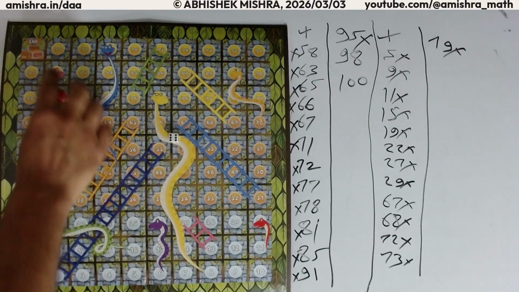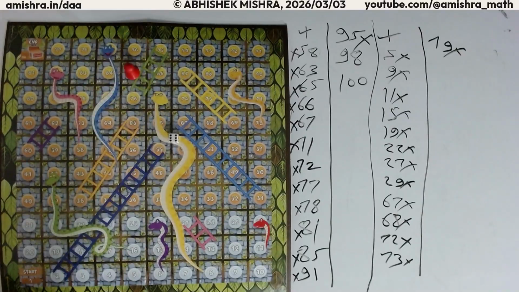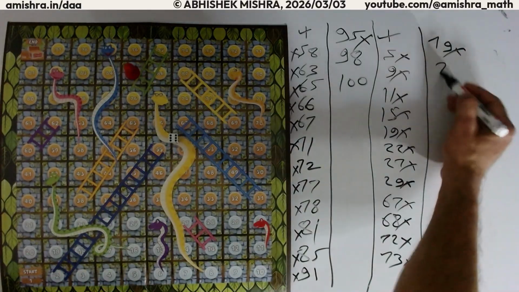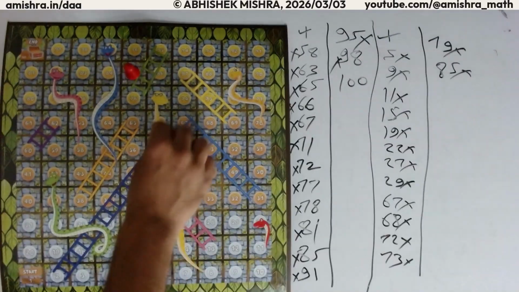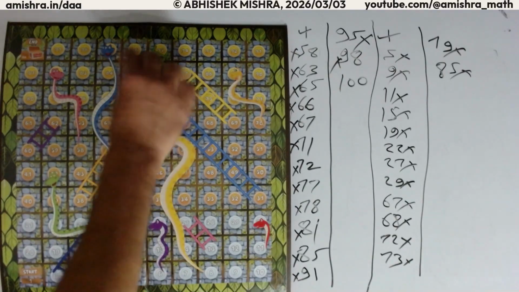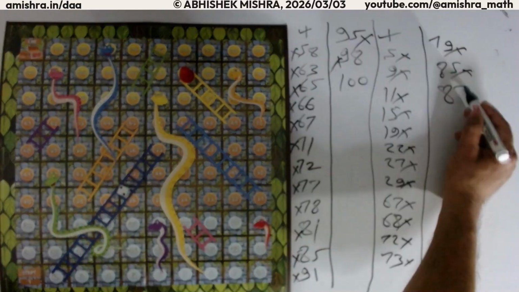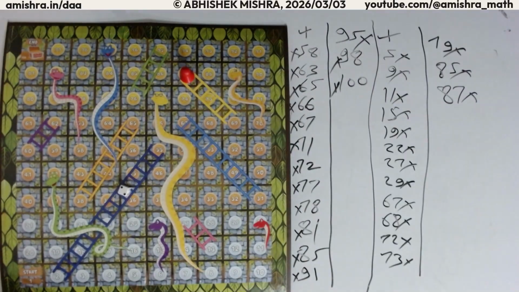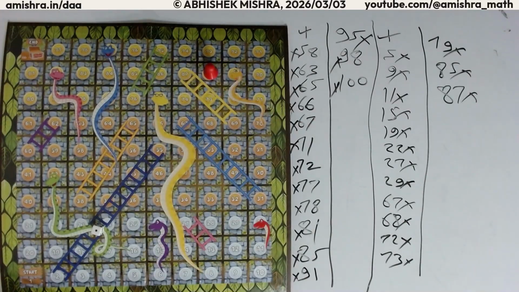Again 6, so from 79 we get to 85. Again no match. 2, so 87, no match. 1, 88.